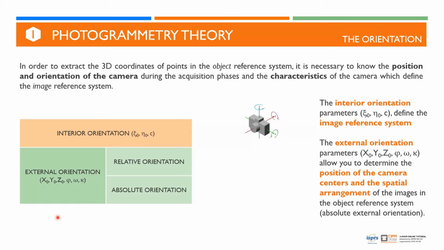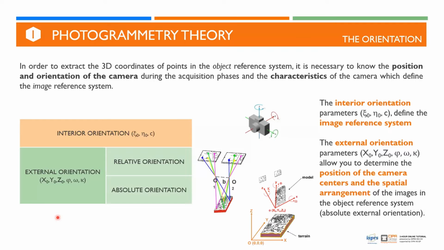Once we have this part, so we have performed the relative orientation, that is, sorry, I forgot to show the image, which is this one, where we set the position of the images, we move to the absolute orientation. In this case, the model obtained in the previous phase, so in our relative orientation, is roto-translated and scaled in order to refer it to our absolute reference system.